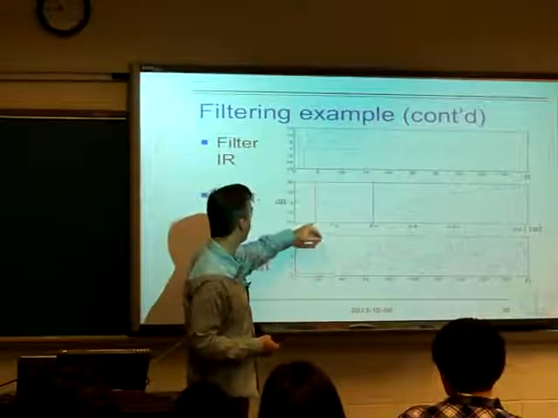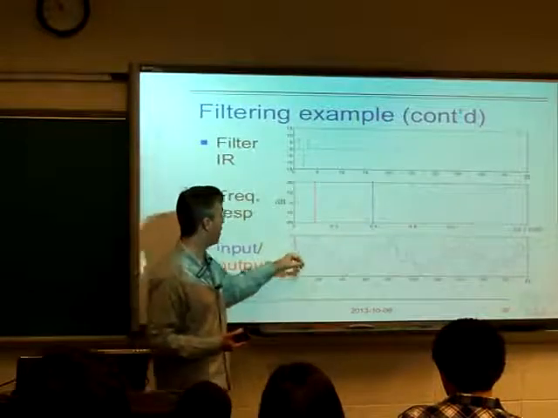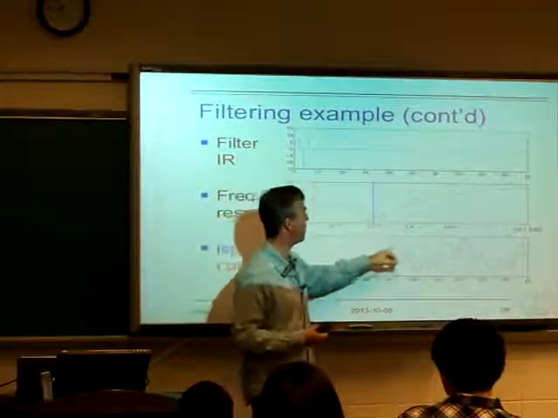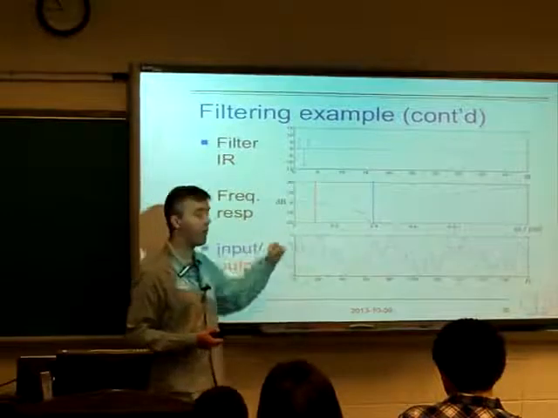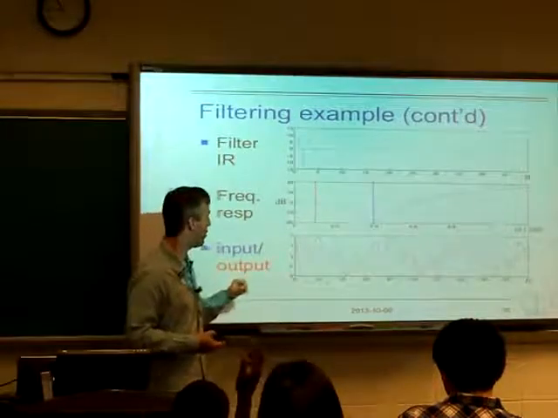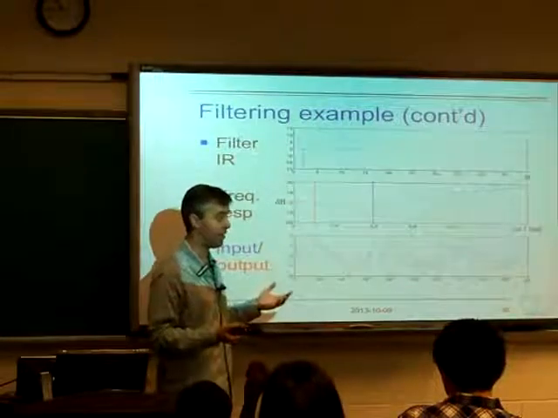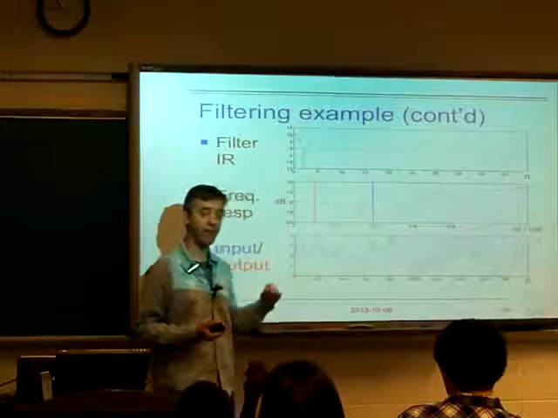And here's the output of feeding that blue signal into this 3-point FIR filter, convolving the blue signal with this impulse response. We get this nice, smooth red signal, which is just the lower frequency component at 0.1 radians per sample. Something weird goes on around 0, which is basically our transient response. But once we're free of that transient response, we've completely eliminated the high frequency component.